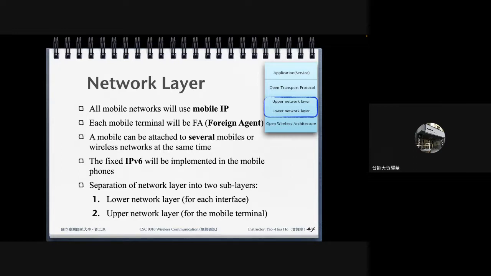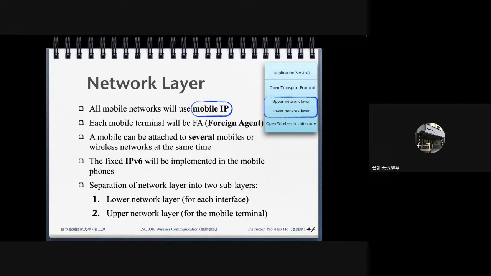The networking is separated into an upper layer and a lower layer. The lower layer is for the interface, and the upper layer is for the mobile terminal. For different mobile terminals, you can have a different upper layer network structure. So for your knowledge, just think of that as the networking layer.